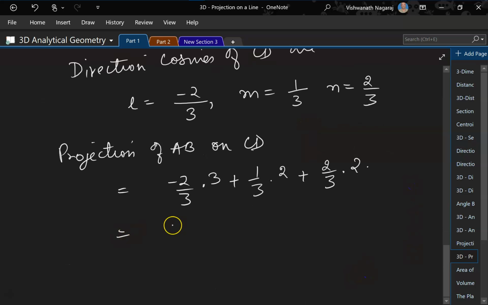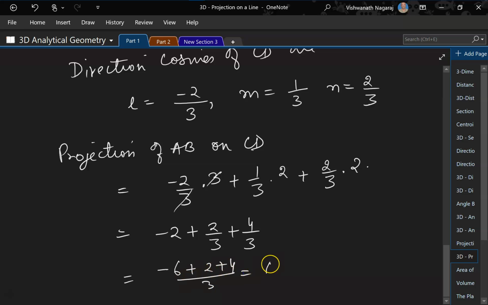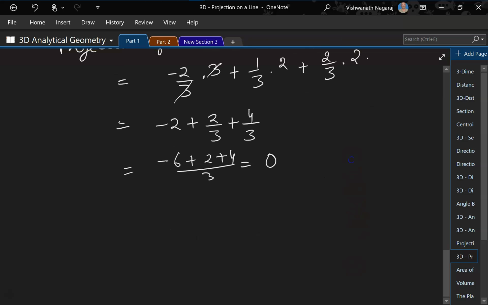So this comes to, these two get cancelled, minus 2 plus 2 by 3 plus 4 by 3. If we had not cancelled it, the denominators would have been the same. Anyhow, minus 6 plus 2 plus 4 by 3, which is 4 plus 2 is 6, minus 6 is 0. Now what does this 0 mean?